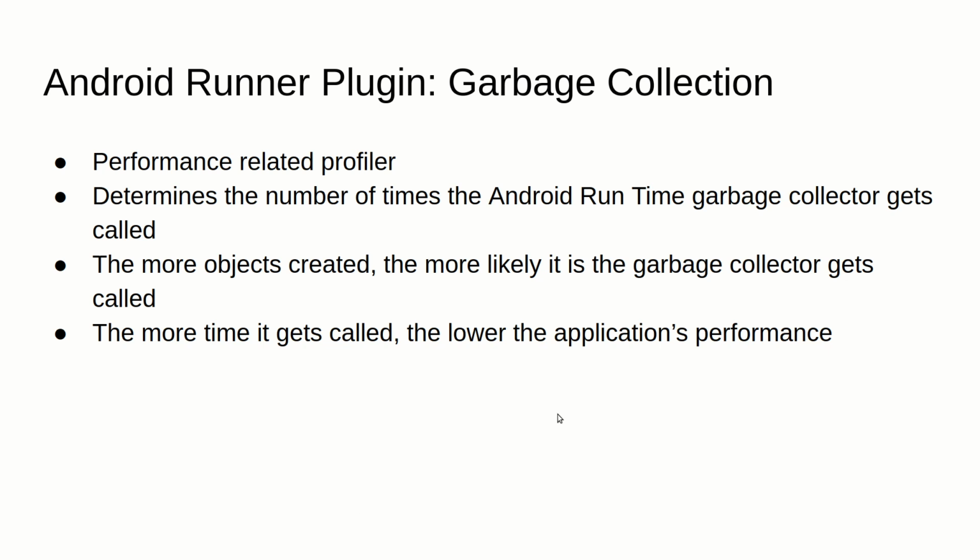Basically, when the application is running, if it creates a bunch of objects, that's going to cause the garbage collector to be called by the runtime environment. And if that gets called too frequently, then the application performance is going to suffer, which obviously means that user satisfaction is also going to suffer.